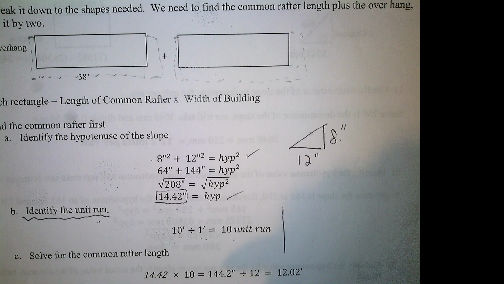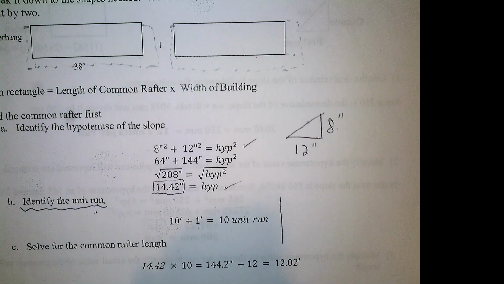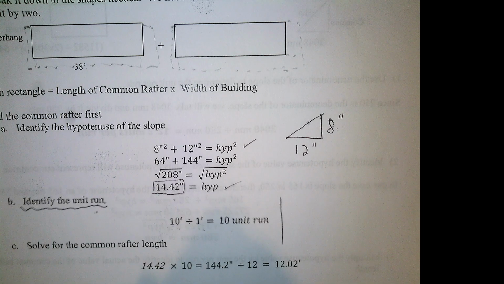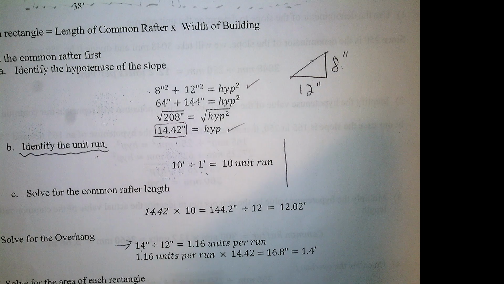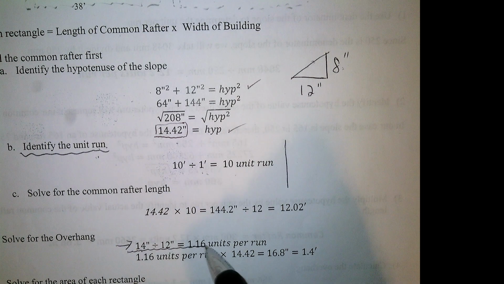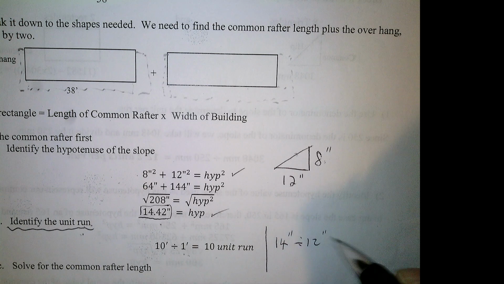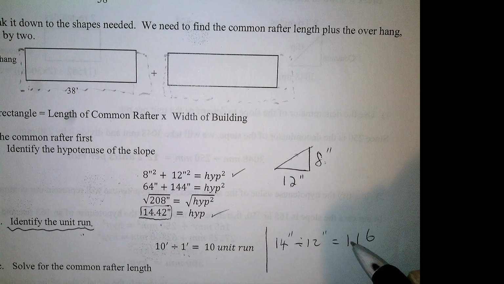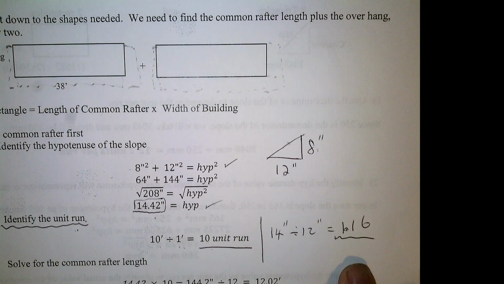Now we look at the smaller triangle, which has to do with the overhang, where the run is the projection. You see the projection right here, the 14-inch projection under the number 2. So 14 inches divided by 12 inches is 1.16. So there are 2 unit runs.